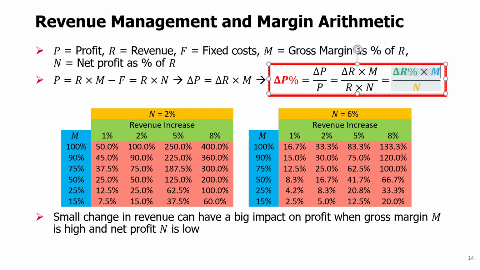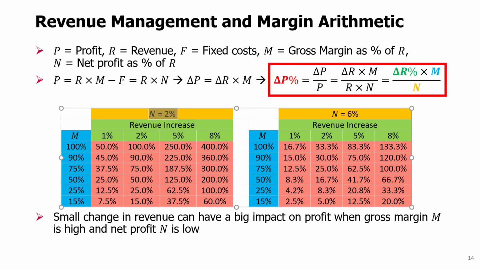But gross margin is sometimes very high, sometimes very low. Certain industries like airlines, hotels, and others have high gross margins. They have to invest a lot in their capacity, and then they can offer products. Each unit of the product is sold with very small variable costs, so that means gross margin is very high.